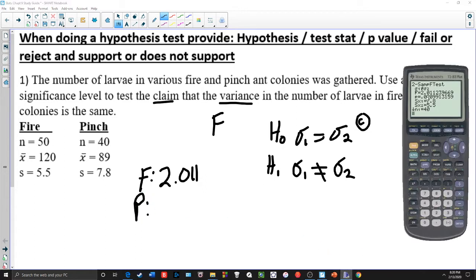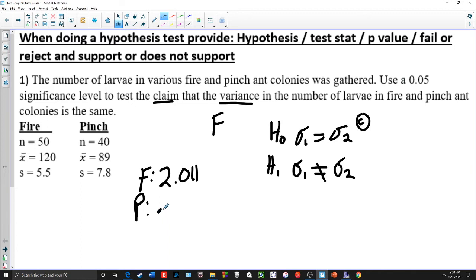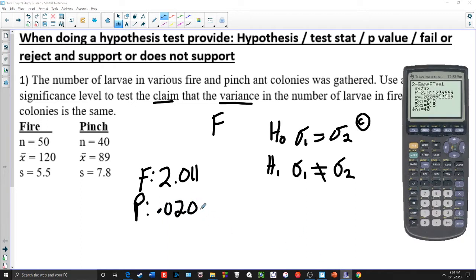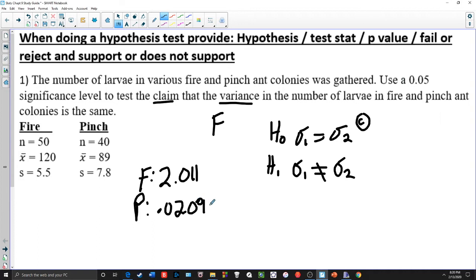The p-value is 0.0209. So we got our hypotheses. We got our F, which is our test stat. We got our p-value. Now we need to do our comparison, which is our fail to reject and support stuff.